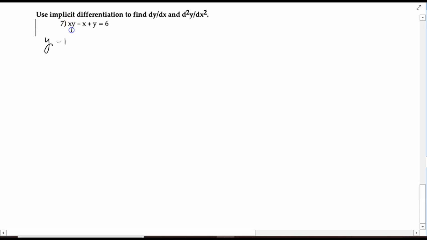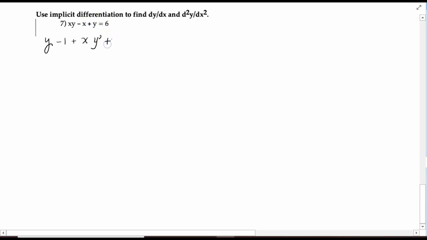With respect to y, the derivative is just x. So plus x, but because we took the derivative of y, we have to say y prime. And now, with respect to y here, that's an x. There's no y involved, so we treat that as a constant. So that derivative there is 0.